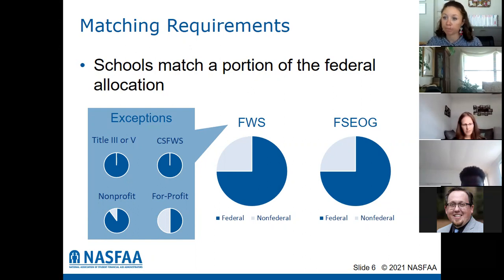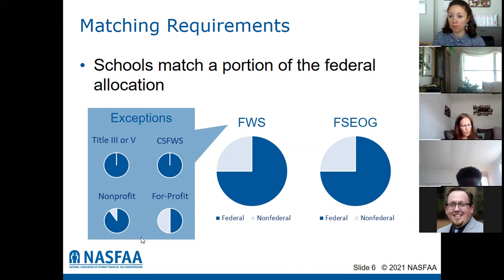Of course, like anything in financial aid, there are exceptions to the matching of the funds for the federal work-study program. You can see there's a little box over here showing these exceptions. First, no institutional match is required if a school is designated as a Title III or Title V eligible institution. This means 100% of federal work-study funds would be from the federal government. There's a list on page 3 of the self-study guide of the 11 programs under which the Department of Ed designates the school as a Title III or Title V eligible institution.